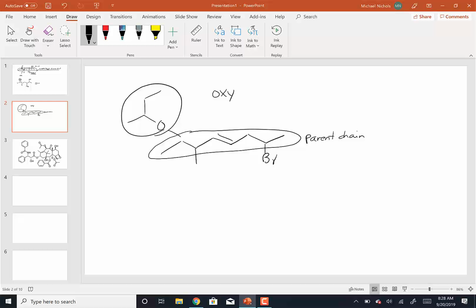Only one issue here is that for the oxy group, what comes before the oxy is the IUPAC name of this alkyl group. What is the name of that alkyl group?